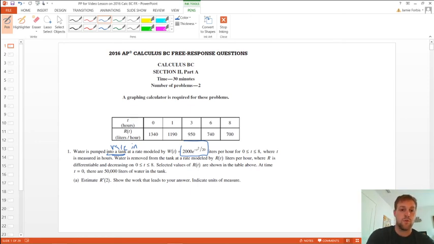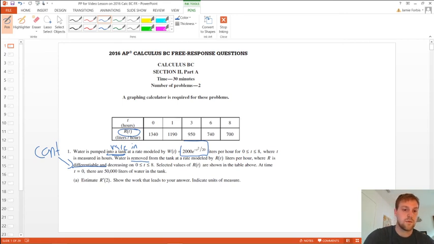Water is removed, so that's rate out from the tank at a rate modeled by R of T, which is given in the chart, in liters per hour, where R is differentiable, which implies continuous, and decreasing on 0 to 8.